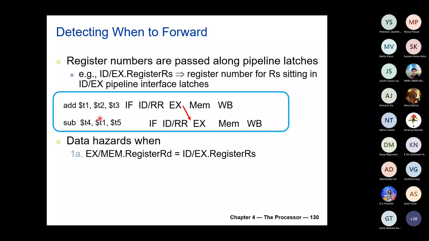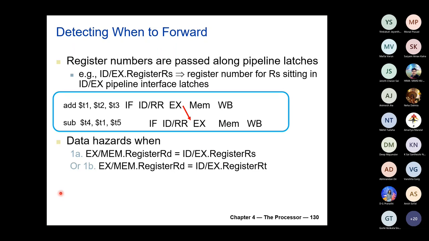Even then there will be a problem, right? Since there are two source registers here, you have to check for both. So one is EX/MEM register RD the same as ID/EX register RS, or EX/MEM register RD the same as ID/EX register RT. These two are called RS and RT. So either this or this.